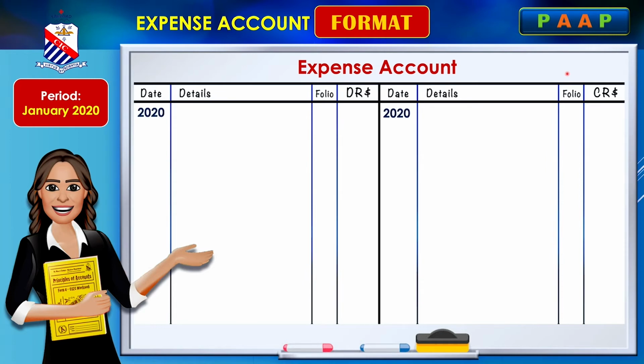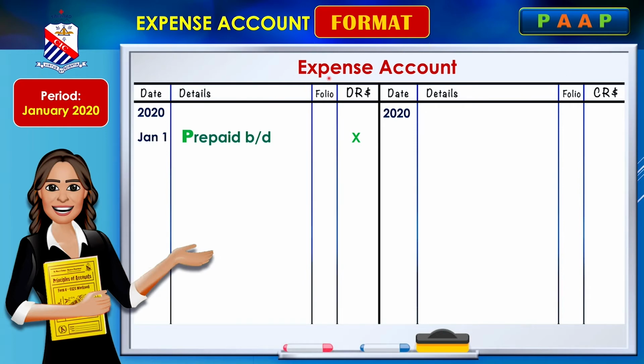And for PAAP, we're starting with the beginning figures. And what is the first date or the beginning date for January? 1st of January. Simple. And in our PAAP, prepaid expense. So it will be prepaid, and you don't have to put the expense because you would actually have the name of the expense here.